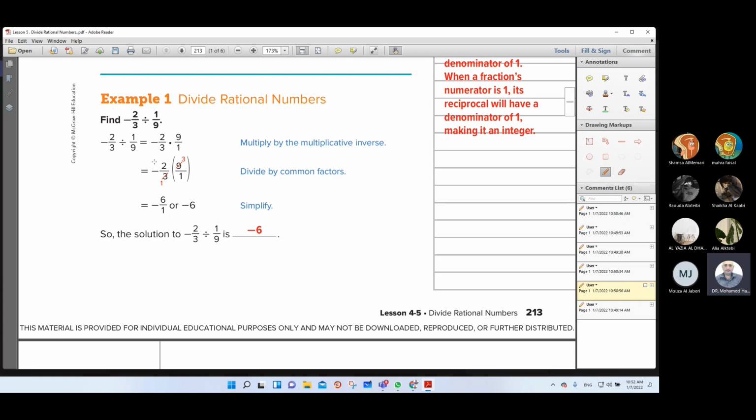Then we can simplify. We can divide 9 by 3 and get 3, and divide 3 by 3 to get 1. Then multiply numerator by numerator and denominator by denominator. Negative 2 times 3 is negative 6, and 1 times 1 is 1. Negative 6 over 1 is negative 6. So the answer is negative 6.